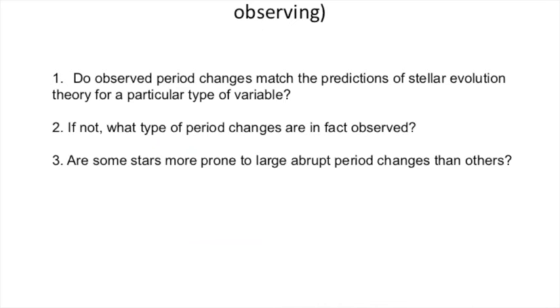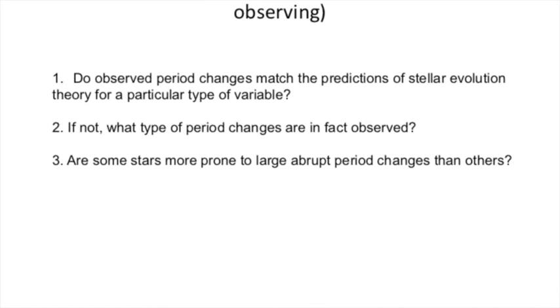And period changes are a good job for people who like to observe for a long time, right, Jerry? If you like to have years, decades, centuries of data before you come to a conclusion, period changes are for you.